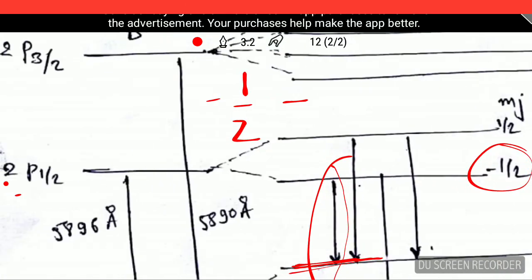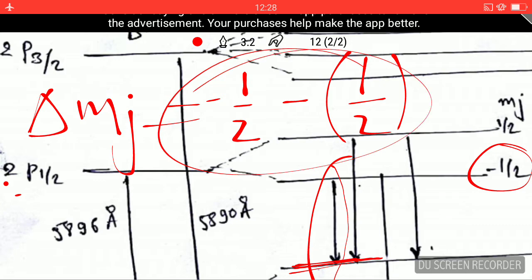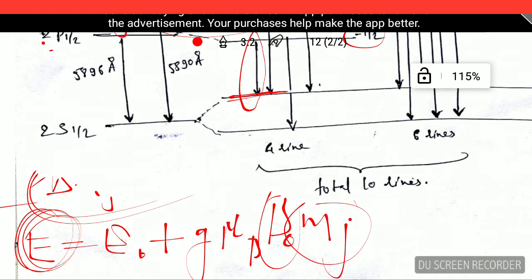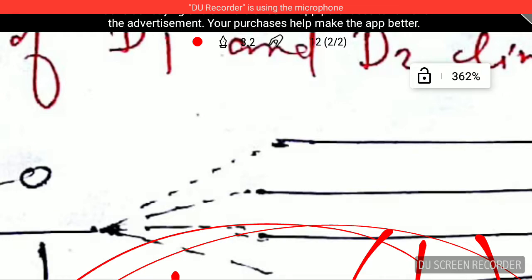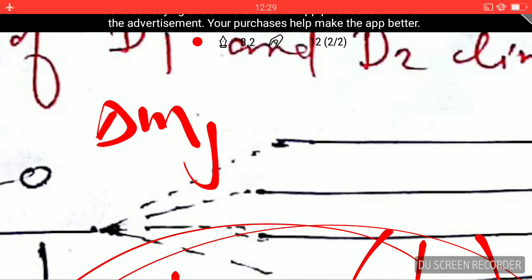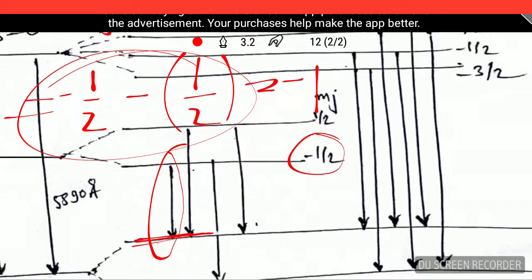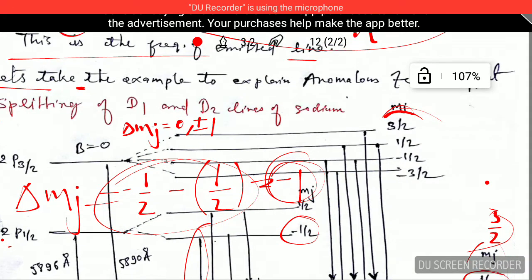So let's subtract them, and this is the change in the value of mj. When you solve this, you will get minus 1. That is allowed because I already explained the selection rule, that delta mj should be either 0 or plus minus 1. In this case we have got the value minus 1, so this transition is possible.